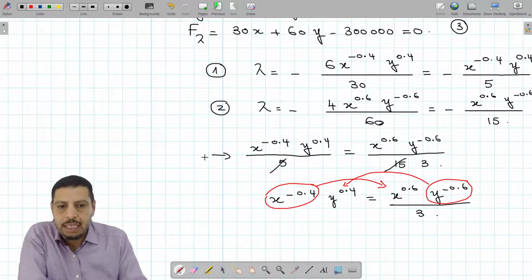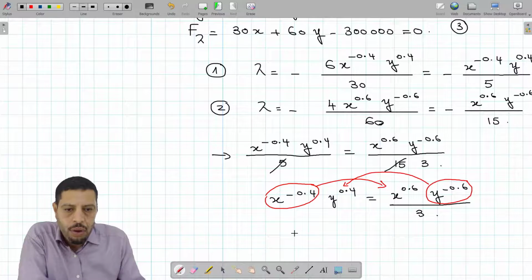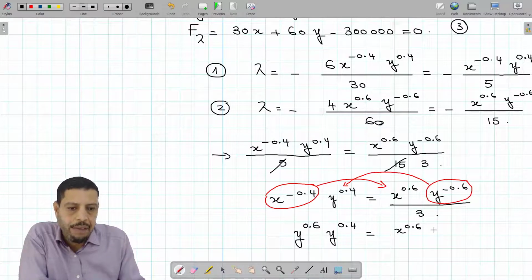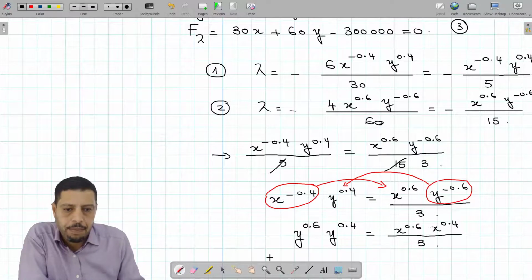So you will get y to the power of 0.6 times y to the power of 0.4 equals x to the power of 0.6 times x to the power of 0.4 over 3, okay?